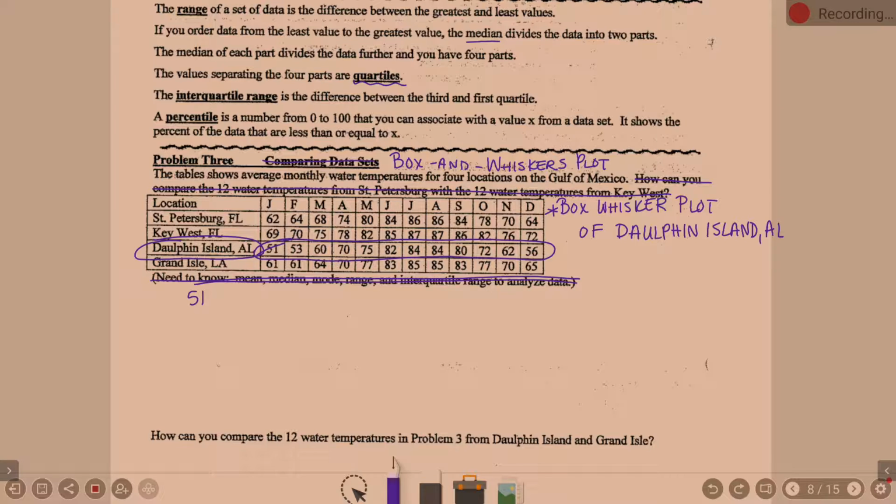What's next? 53. 56. 60. 62. 70. 72. 75. 80. 82. 84. And 84.